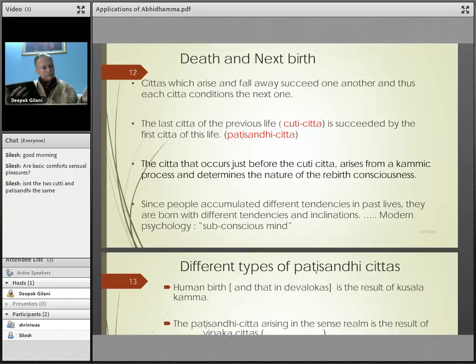So the Chuti Chitta will be the last Chitta of the previous life, and that will be succeeded by Patisandhi Chitta. But the Patisandhi Chitta will not have the same characteristic as Chuti Chitta. It will have characteristics conditioned by the previous Chitta, which is the karmic influence which arises. No two Chitta are the same.